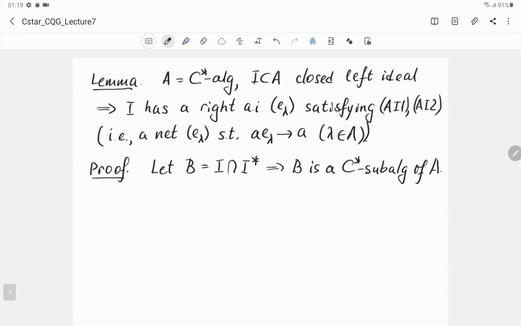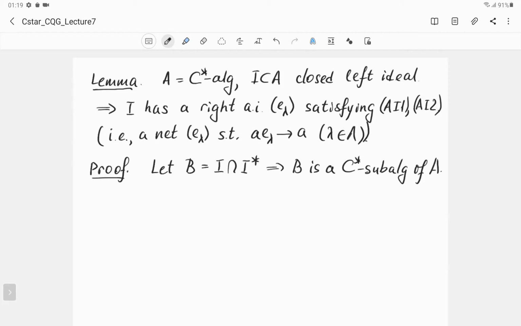Well, indeed, it is a closed subalgebra because it is the intersection of two closed subalgebras, I and I star. And it is a star subalgebra because it is stable under involution.